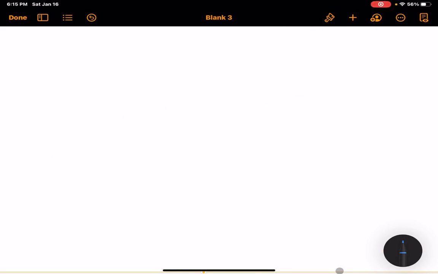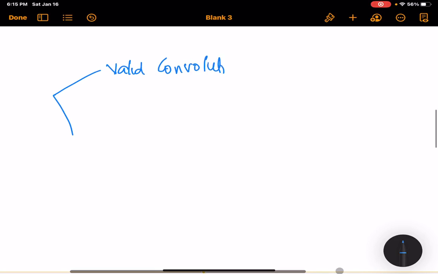In terms of the question of how much to pad, it turns out that there are two common choices for padding values. One is the valid convolution and the second one is the same convolution.